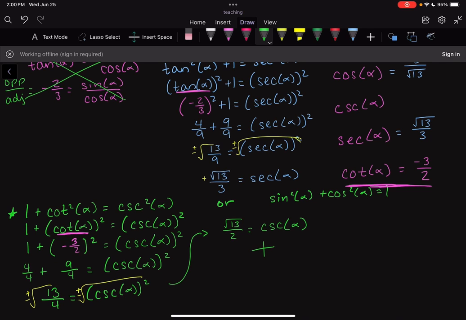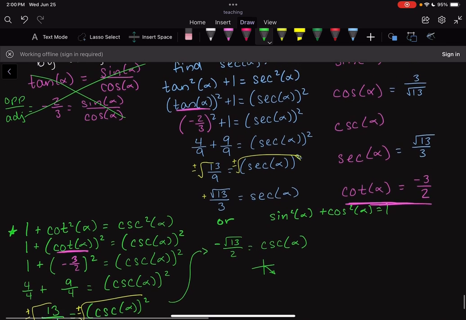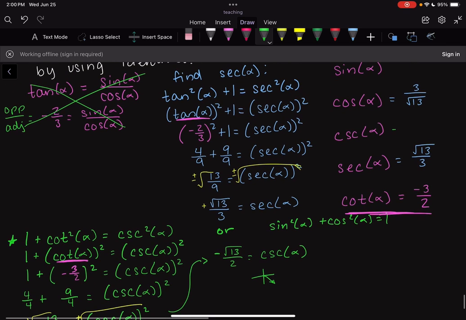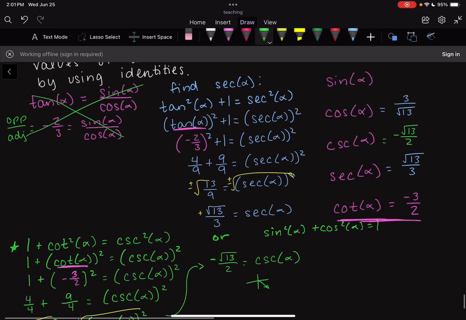Since we are in quadrant 4, only cosine and secant are positive there. So cosecant is going to have to be negative. And so the positive or negative depends on the quadrant. So cosecant is negative root 13/2. And then sine would be the opposite of that, so -2/√13.